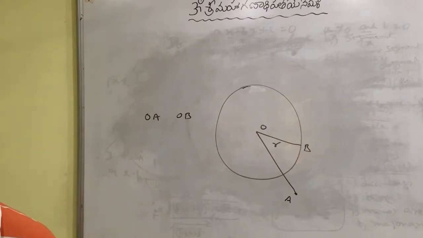Next, fourth question. An arc is dash when its ends are the same as the ends of a diameter. The end points of the arc are the same as the end points of the diameter. Then what do we call that arc?